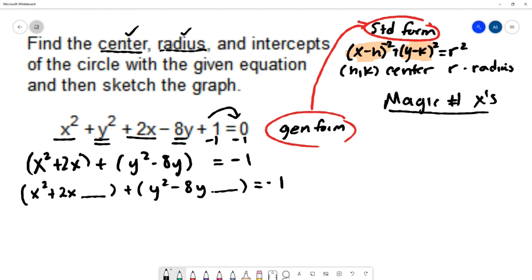To get the magic number for the x's, you want to start with the coefficient of the x term. You start with that number, and you're going to cut it in half and square it. So 2 divided by 2 is 1. 1 squared is 1. So the magic number for the x group is 1. Now let's find the magic number for the y group.